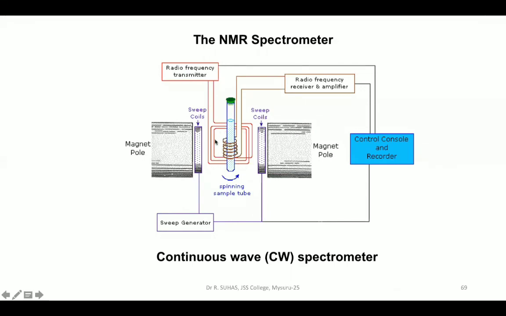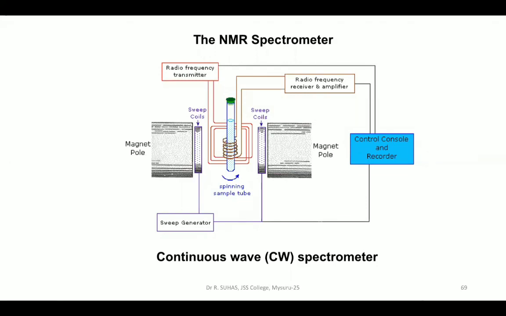These are the coils of radio frequency energy, and this radio frequency transmitter is always received and amplified. That means you can control the flow of energy, the flow of frequency, to the sample. Once the sample is oriented and you give the energy, the nuclei get excited. In NMR we call this spin flipping.